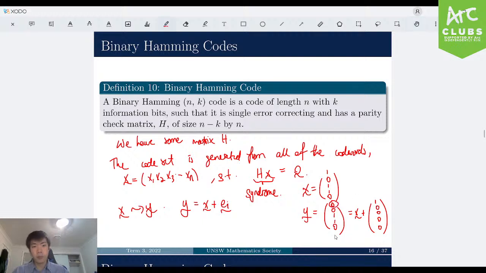So we can always express our received message as being the sent message plus some error term, which is simply one basis vector at the position i. In this case, this would be the basis vector at position 1. Okay.